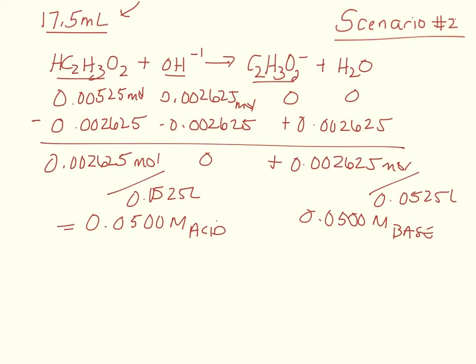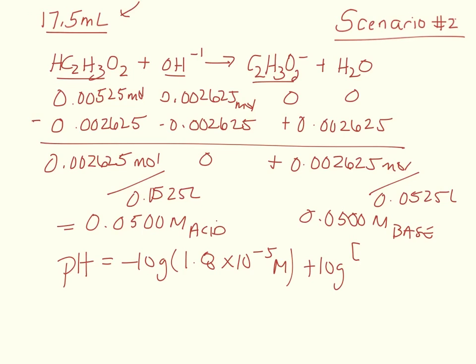I will put those into Henderson-Hasselbalch, and pH equals negative the log of the Ka of the acid, 1.8 times 10 to the negative fifth, plus the log of the concentration of the conjugate base over the concentration of the acid.